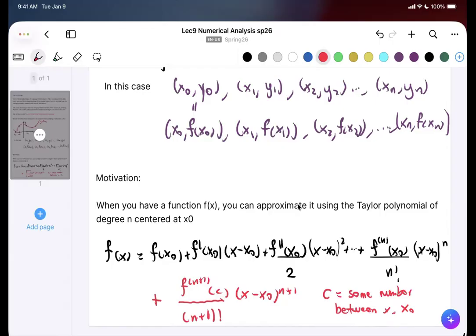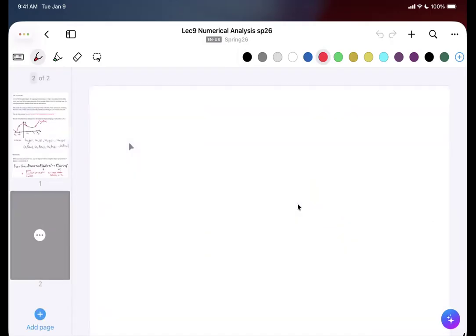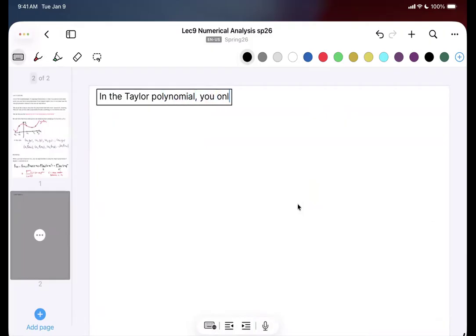So here, the usual Taylor polynomial is kind of like all information at a given point, but you need a lot of information about the derivatives and higher derivatives. So what I want you to notice is that in the Taylor polynomial, you only use one point, but the penalty for using only one point is that you use a lot of information about that point, because you use the value of the function at that point, the value of the first derivative of the function at that point, and so on.